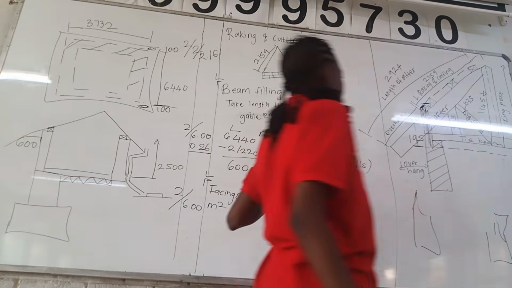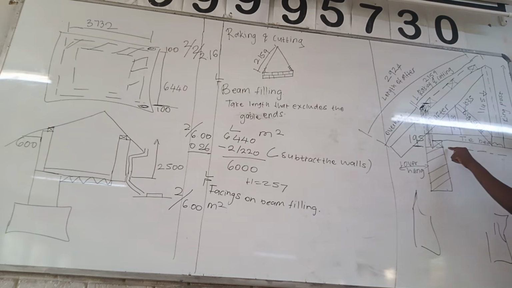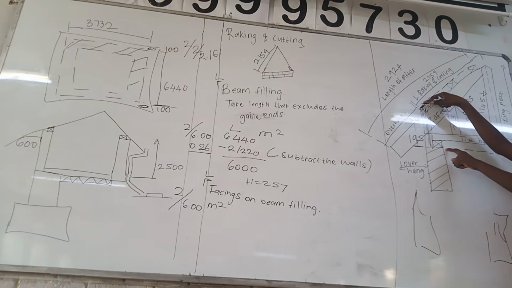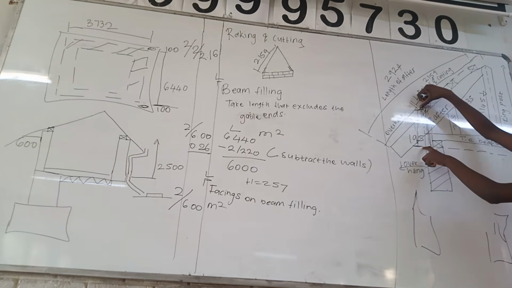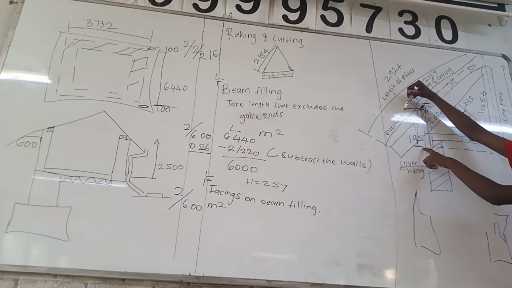This height here, 257, is the height of the beam filling from under the wall plate until where the pillars end. But for the facings, you come down here at the corner, and the 195 you get. So the facings of the beam filling is 195, from under the wall plate until here at the corner.